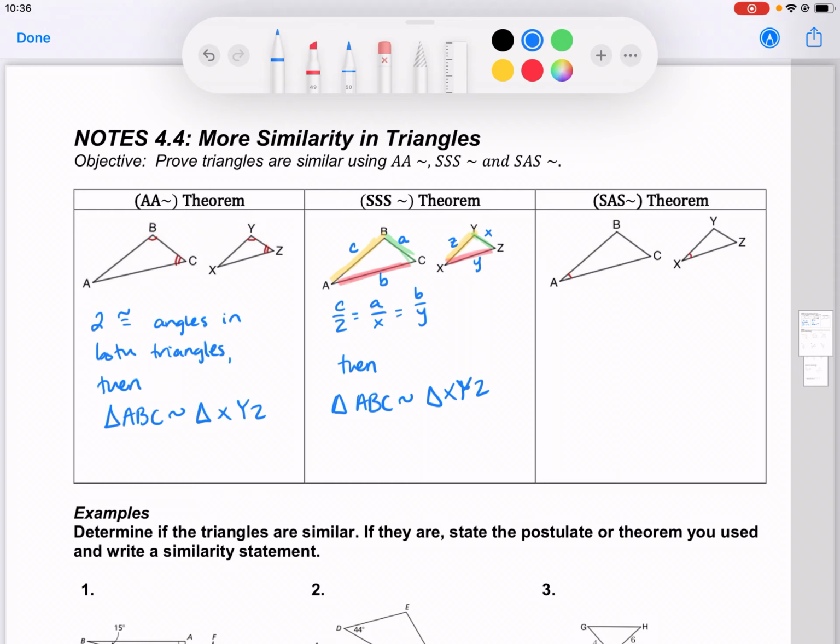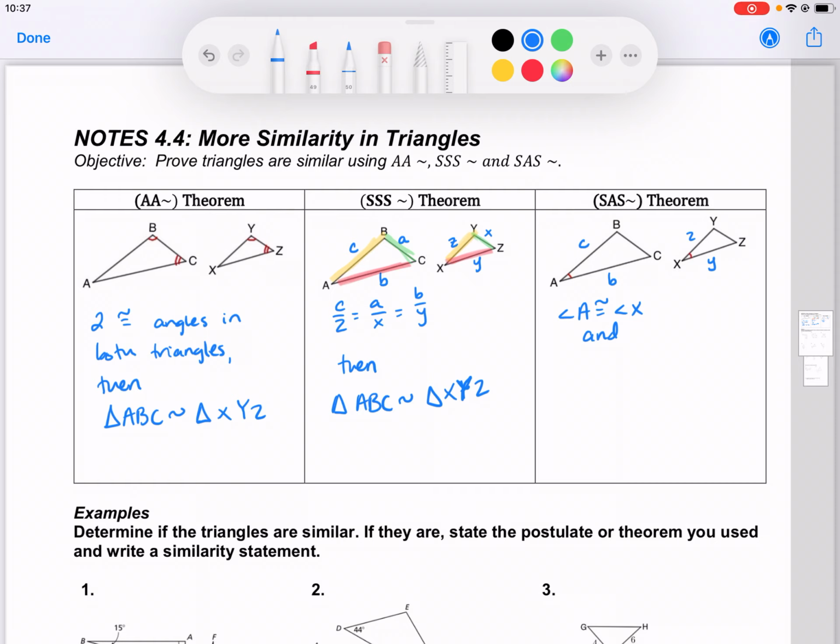Oh, that's a horrible Y. There you go. And then similarly, if you have two angles, so if like angle A is congruent to angle X, and we're just going to look at the two sides that are touching that angle, so side C and B in this case, and then side Z and Y in this case.